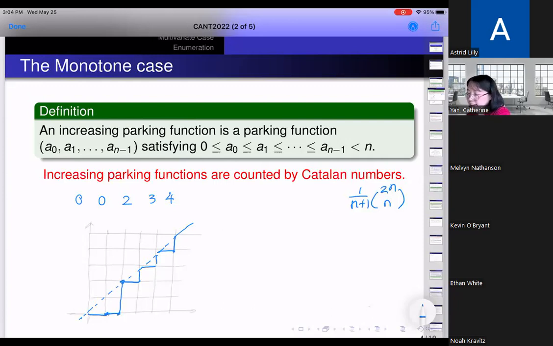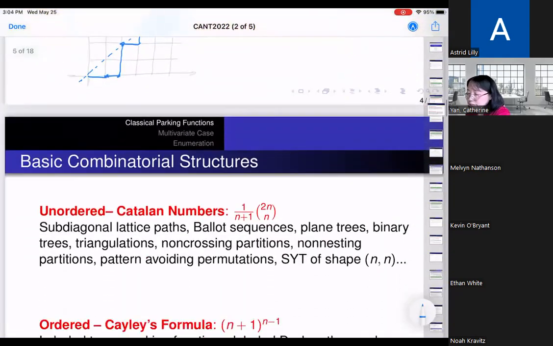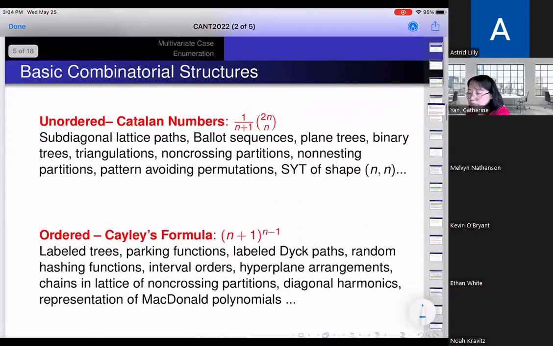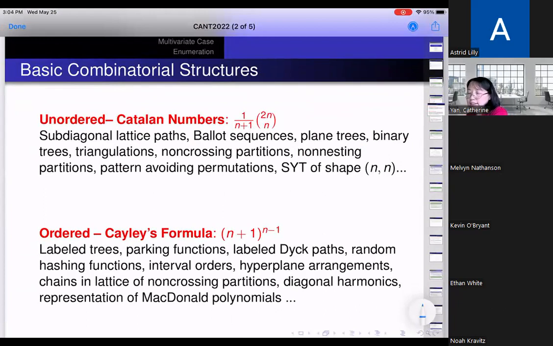So far we have introduced these two objects, parking functions and their monotone analog. This represents two of the most basic combinatorial structures, which are counted by the Catalan number. Sometimes I prefer to describe the monotone case as an unordered structure, because either it's unordered or you have a specified order, so you don't have the freedom to shuffle the terms.